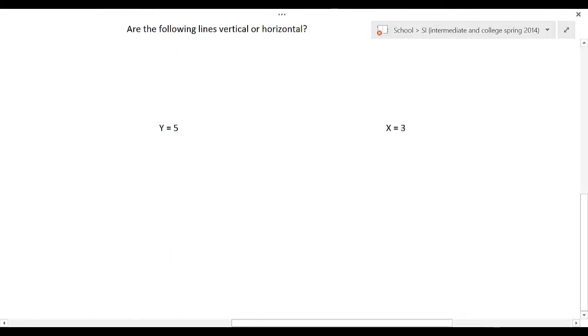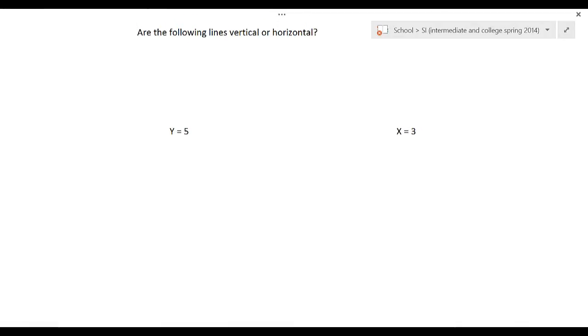Are the following lines vertical or horizontal? We've got the line y equals 5. In order to determine that, let's plot some points. Let's make our x and y table. For my x value, I'm going to pick 0.